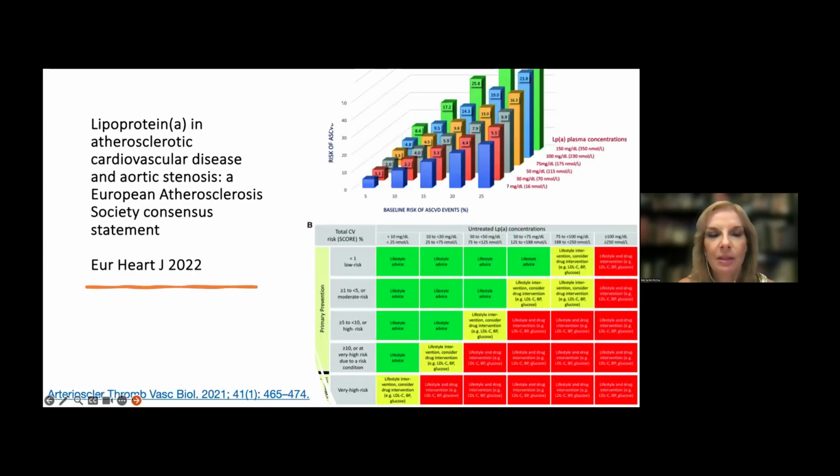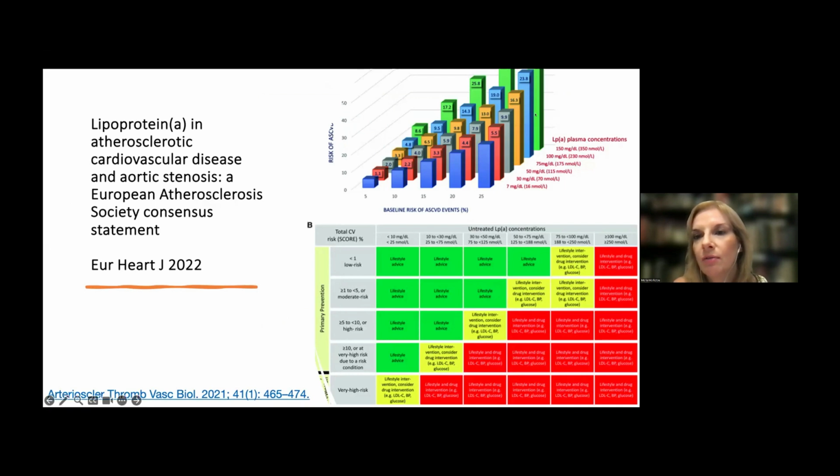And here, from the same consensus, you can appreciate very nicely that according to the different cardiovascular risk scores, according to the SCORE calculator, the existence of higher LPA re-stratifies the individual.